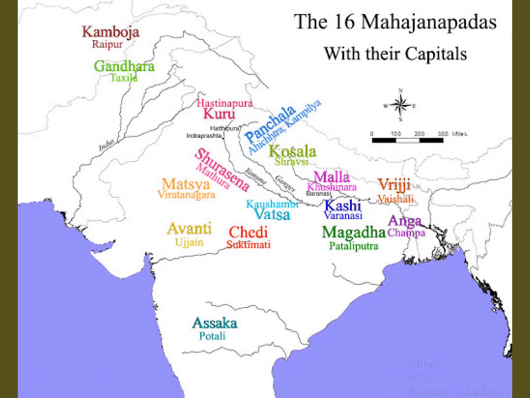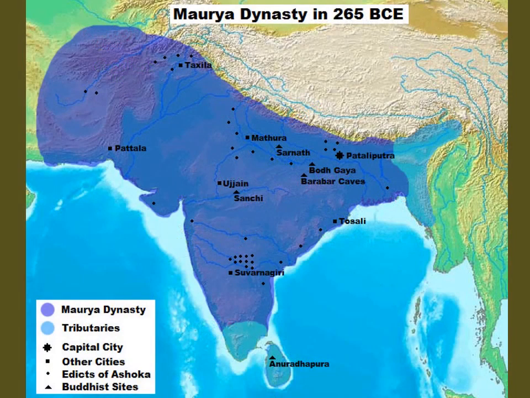Then roughly from 322 to 185 BCE, the Maurya dynasty came into the picture. The Maurya dynasty was a very big dynasty, as you can see from here. Their tributaries, the capital city, other cities, the edicts of Asoka and Buddhist sites, of course, very well known because of King Asoka, the Buddhist king.